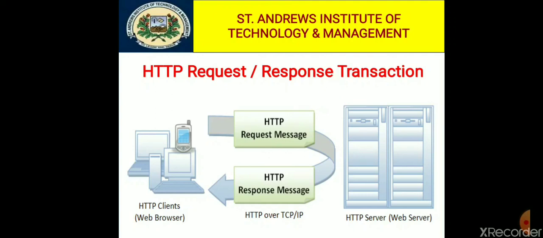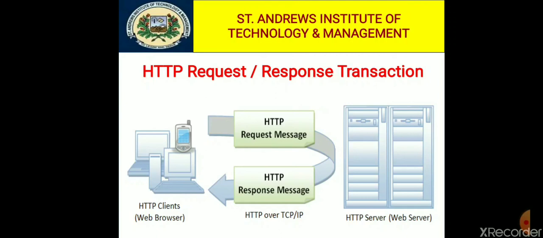Okay, so in the given diagram, the web browser sends an HTTP request to the web server, and then the HTTP server responds to the web browser. So what is the process of HTTP request response transaction? Communication between client and server is done by request and response. A client, meaning the web browser, sends an HTTP request to the web server, and the web server receives the request.